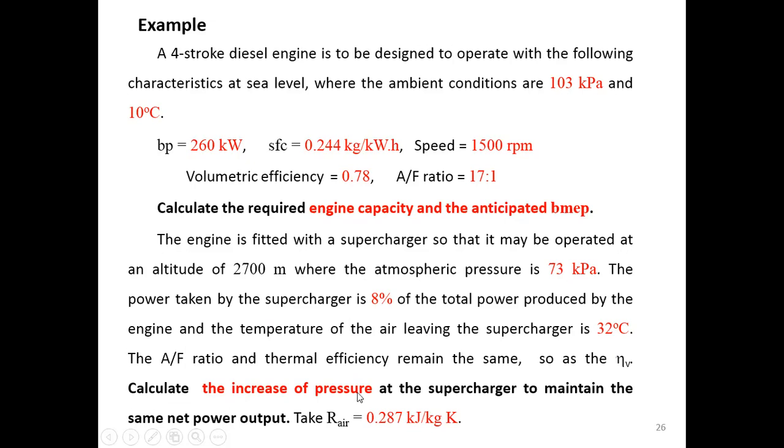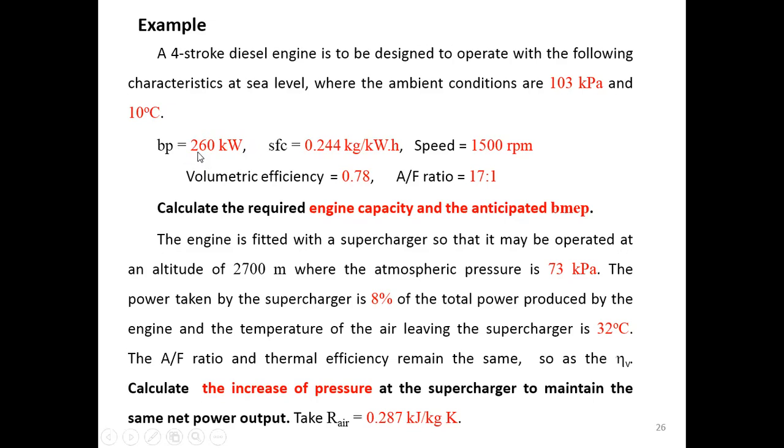Calculate the increase of the pressure at the supercharger to maintain the same net power output of the engine. That means the supercharger has to compress the air to what pressure, so that the engine still delivers 260 kilowatt?